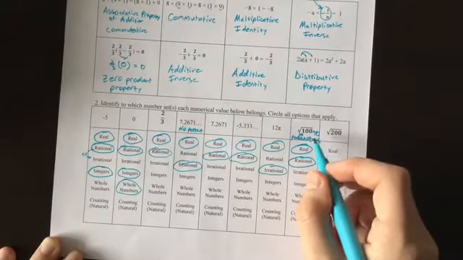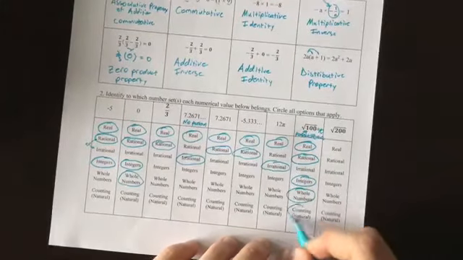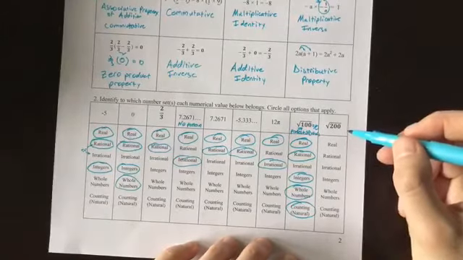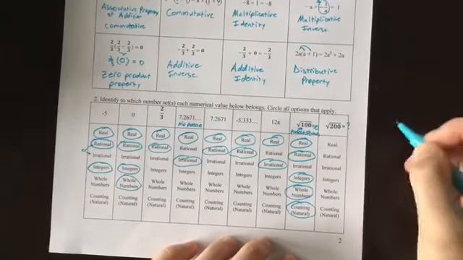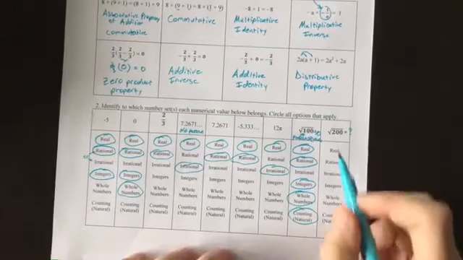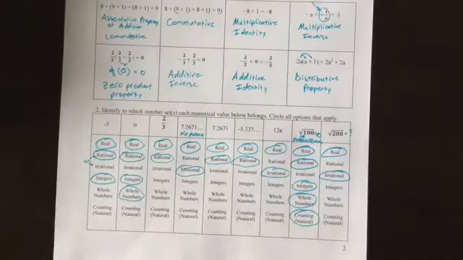When we simplify it, we get 10. So it's an integer, it's a whole number, and it's a natural. Square root of 200, we don't know what that simplifies to. It simplifies to some number that goes on forever and ever and ever with no pattern. So that makes it real and irrational, right? Square roots of non-perfect squares are irrational.